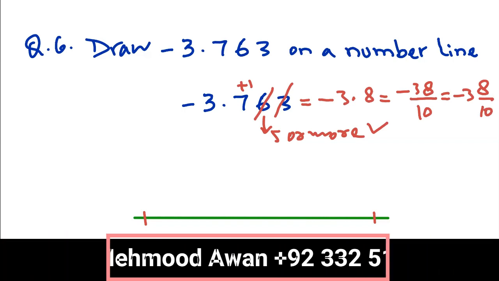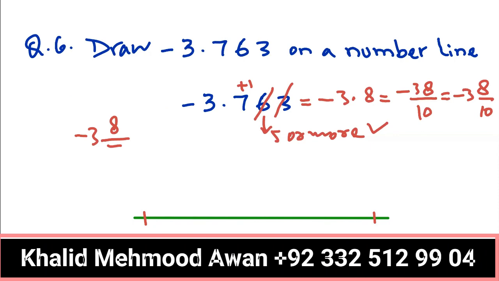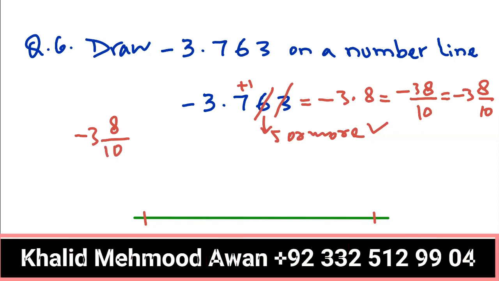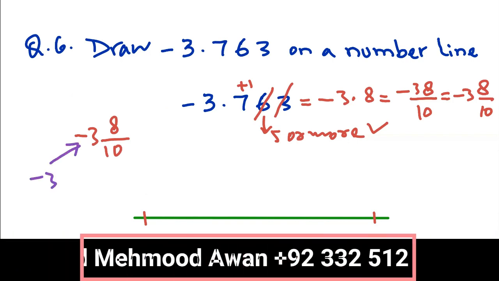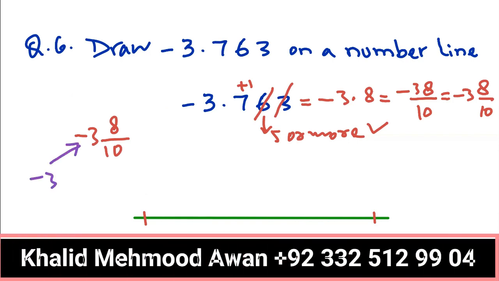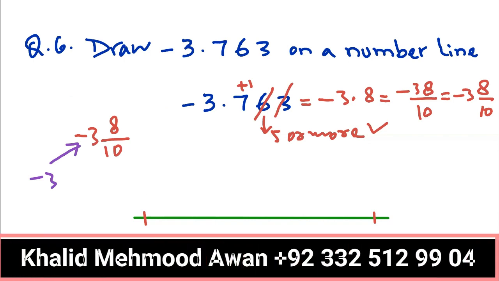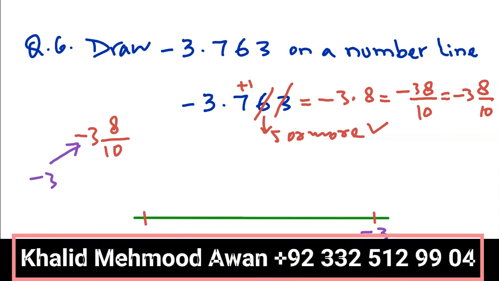Now negative 3 whole 8 by 10 means the starting point is negative 3. Because this is a negative number, we'll be moving towards the negative side, from right to left. So negative 3 is on the right, and the next integer towards the left is negative 4.